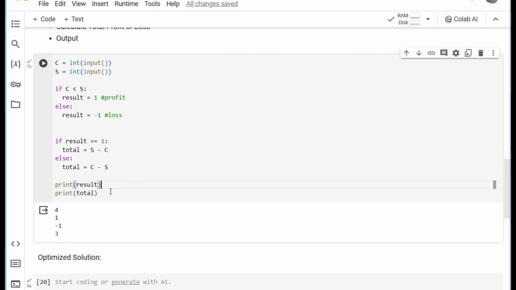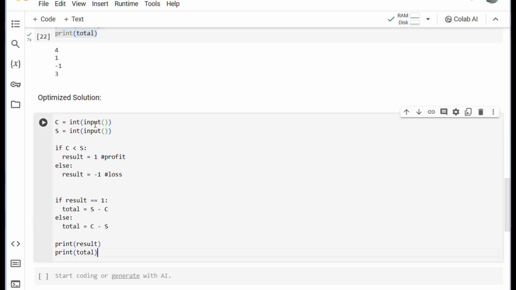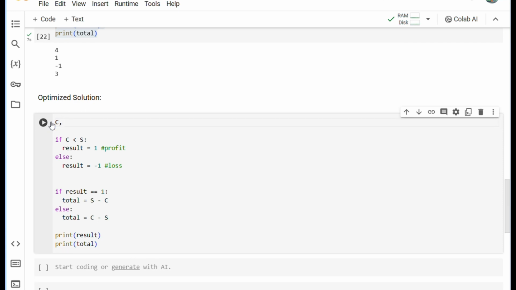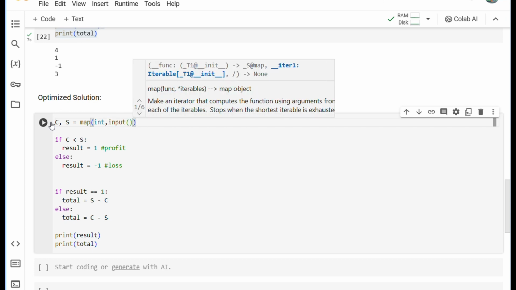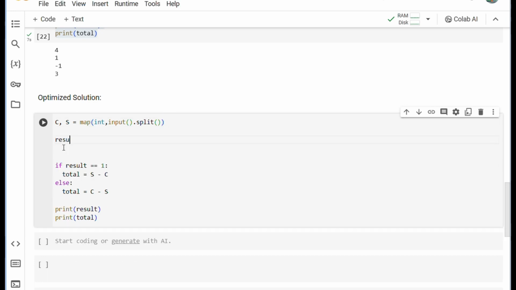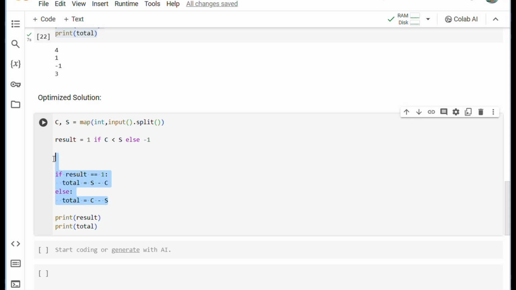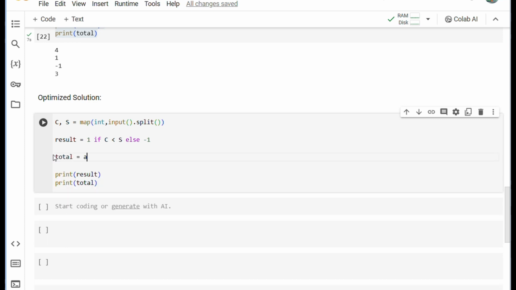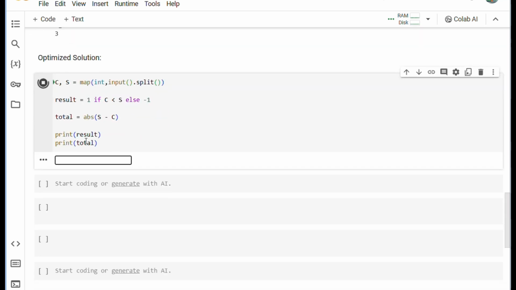So let's write that optimized solution. Let's copy this code so you will understand that. Okay, so we have written our approach.